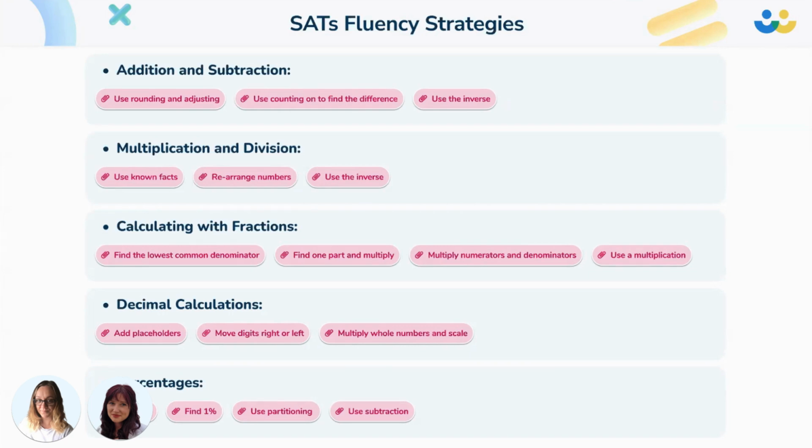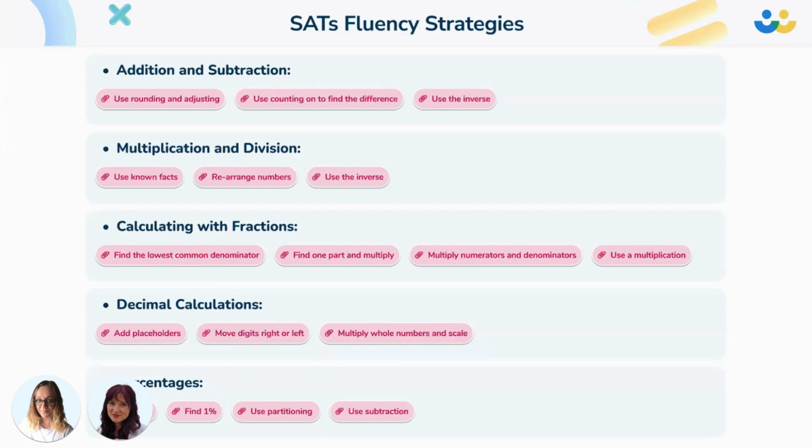For particular addition questions, we want them to use rounding and adjusting rather than writing out a column method and wasting time. When they're calculating with fractions, we want to encourage them to find the lowest common denominator because that will make the overall calculation simpler. So we focus on those to help them be efficient in the 30 minutes that they get to work through that paper.